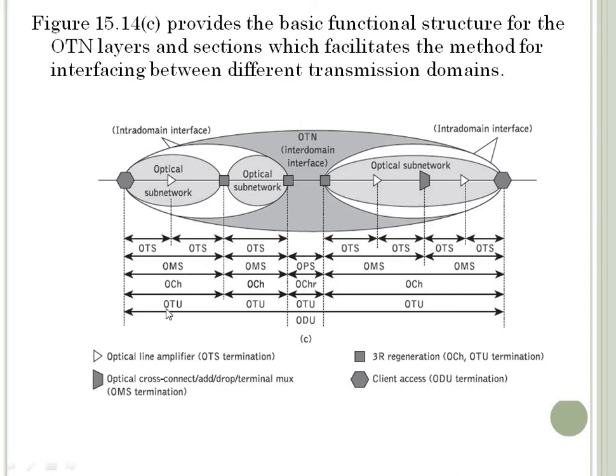Then we have the OTU. So the OTU layer gives additional functionality by adding forward error correction to the network elements and by allowing carrier operators to reduce the number of optical devices and switches used in the network.